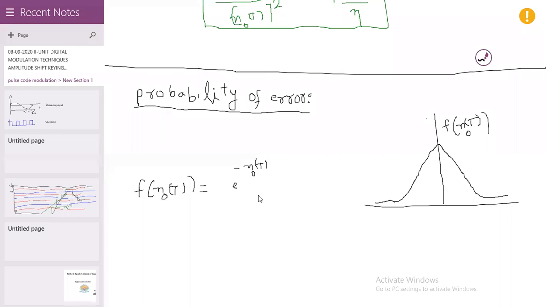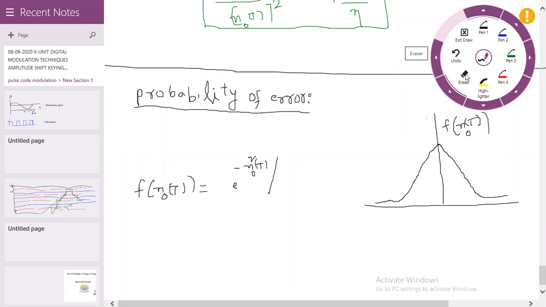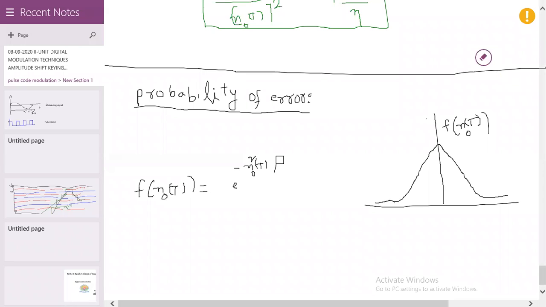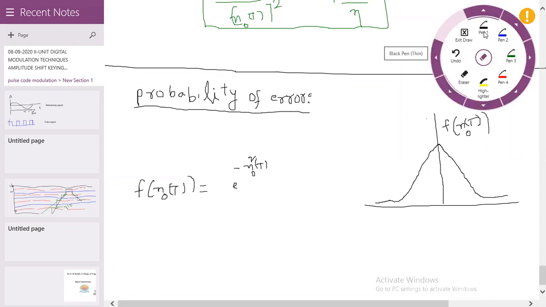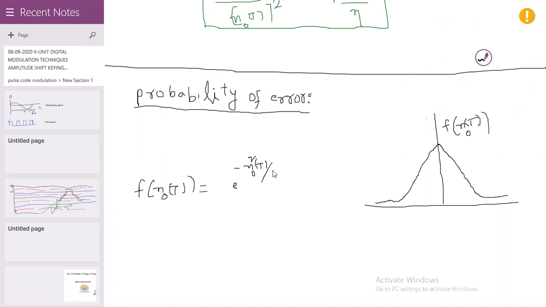Yes ma'am. E to the power of minus n naught square of t divided by 2 into sigma naught square, divided by root of 2 pi sigma naught square.